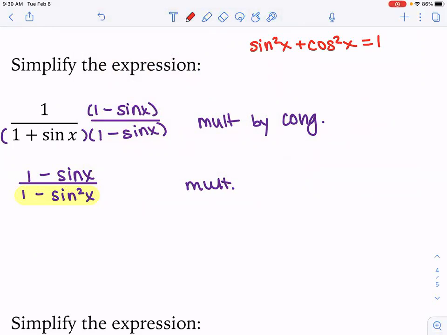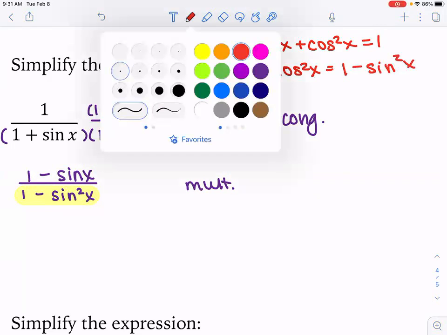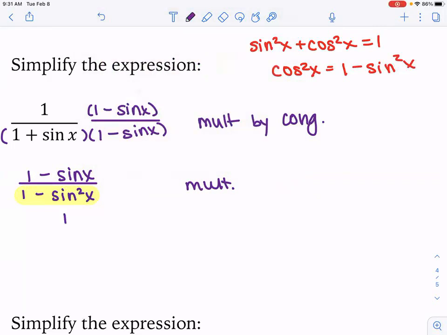So if I readjust this Pythagorean identity that I wrote up there in red, we could rearrange this to be cosine squared equals 1 minus sine squared. Okay, so we can rewrite this as 1 minus sine of x over cosine squared x because of our Pythagorean identity.